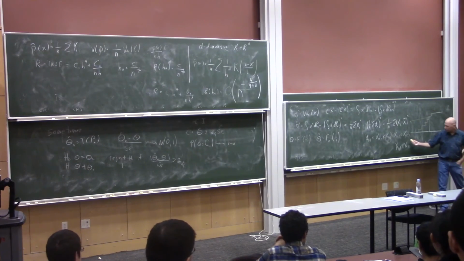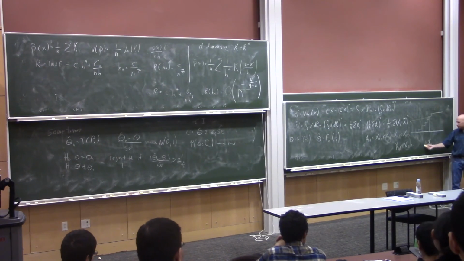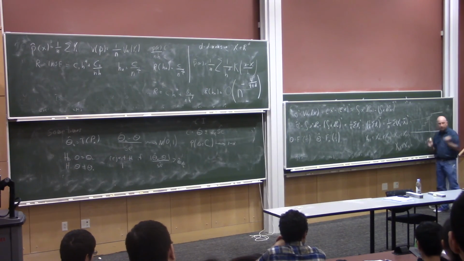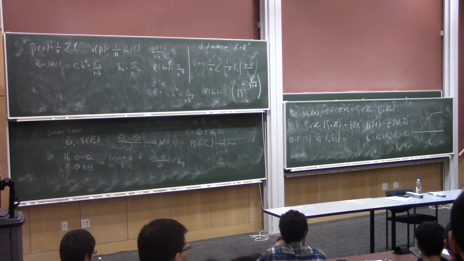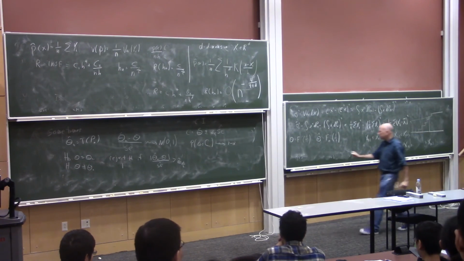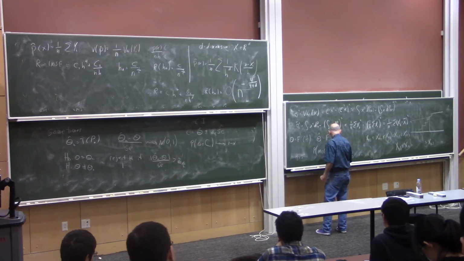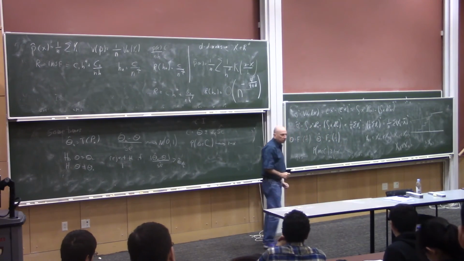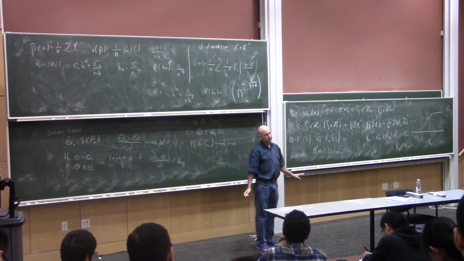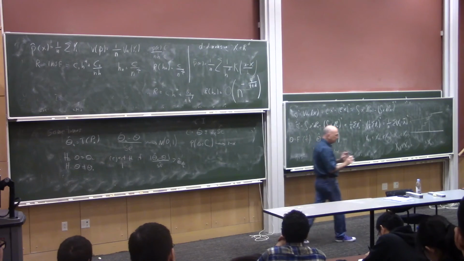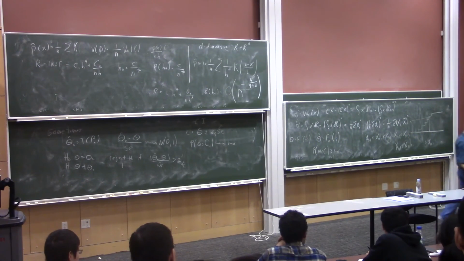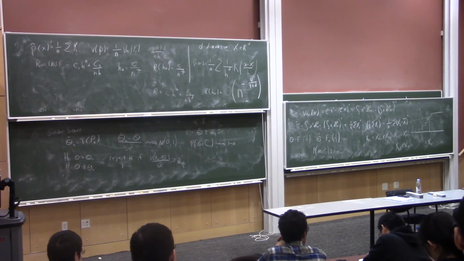But it turns out if you choose one of the order statistics over here and one of the order statistics over here, and I'll show you exactly which ones to pick, those two numbers give you a confidence interval, and it has the property that the probability that the median, let's call it M, is in that confidence interval is always greater than 95%, without any assumptions on the distribution. And there are no asymptotic approximations involved. So it's an example of something where we get a completely non-parametric confidence interval without using asymptotic normality or approximations or anything like that. It just uses some clever calculations with the order statistics.